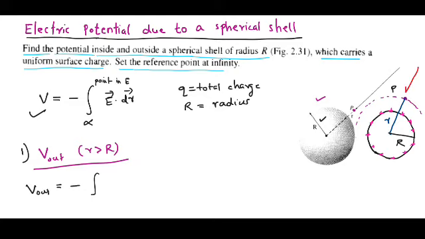If you see in the figure, I have to come from infinity to the point we are interested in, that is, we have to reach this point. That point is at a distance r from the center. Therefore, we are coming from infinity to that point, which is at a distance r outside the radius.